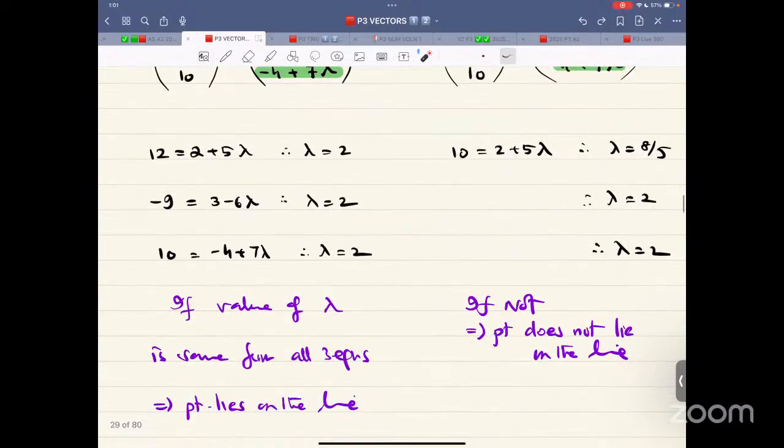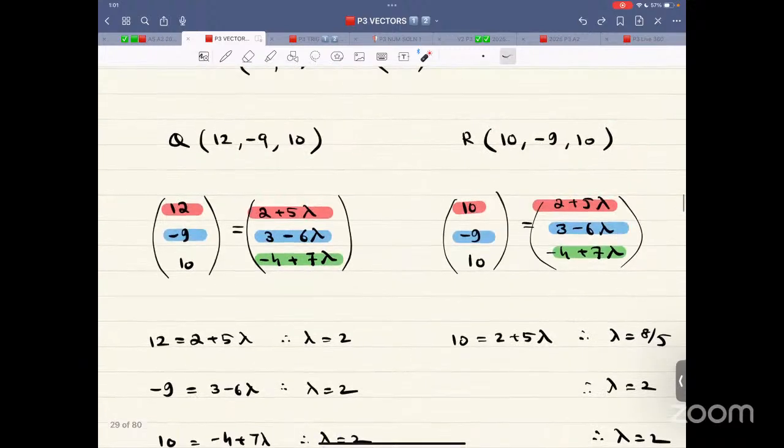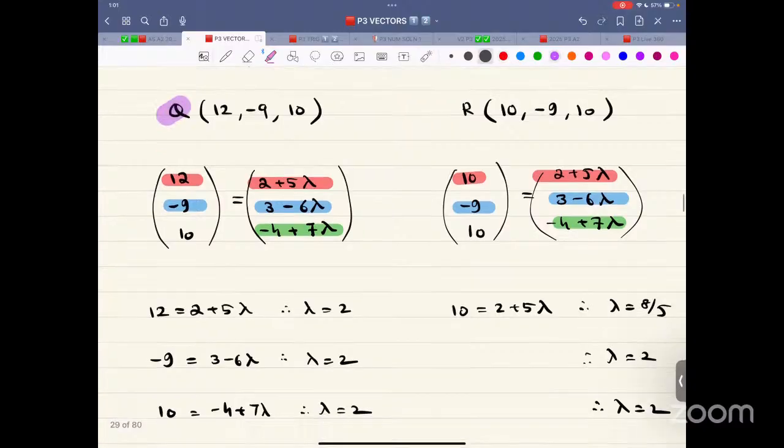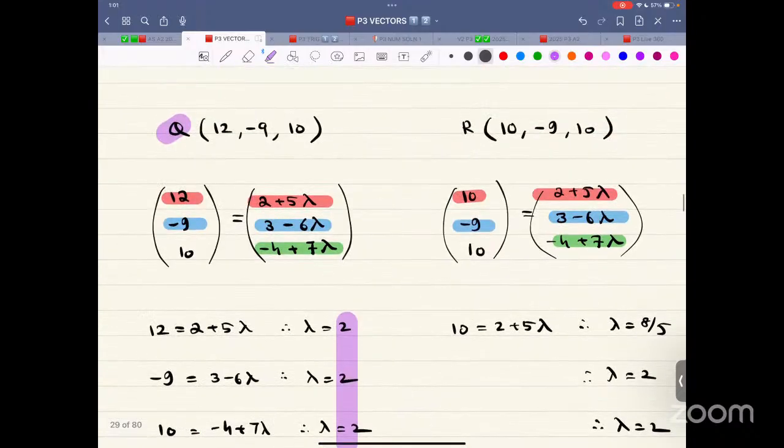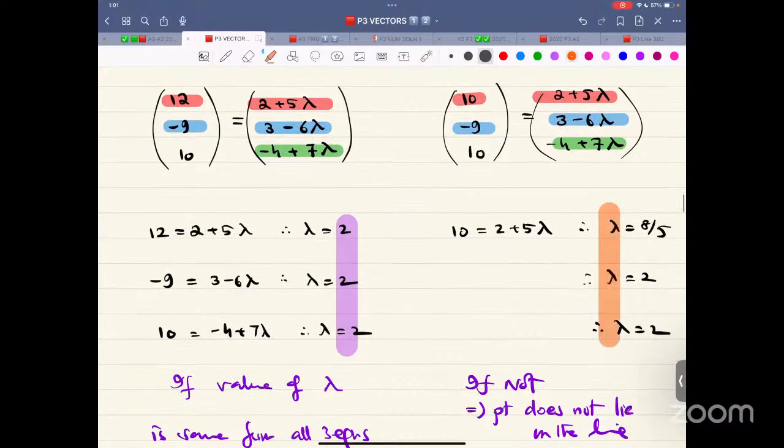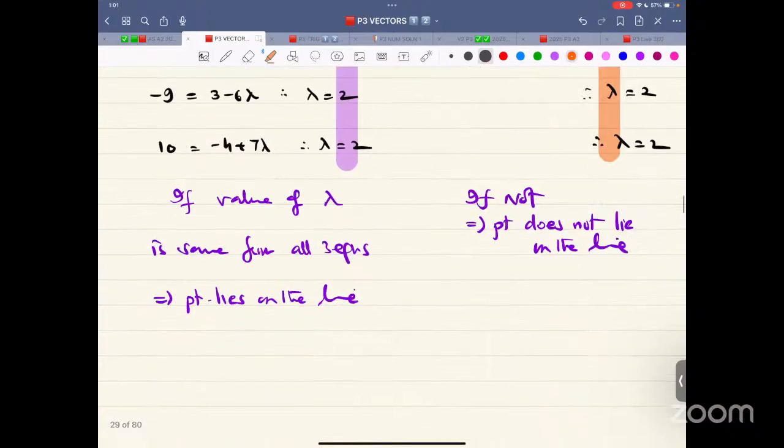That reason is, if the value of lambda is the same in all 3 equations, that means point lies on a line. So this is Q, and value of lambda is the same in all three equations. This over here is R, and the value of lambda is different. Two are same, one is different, all three are different, it's different.